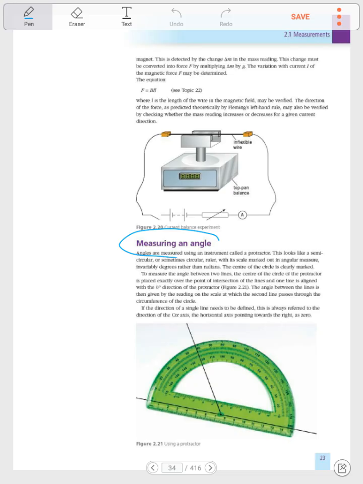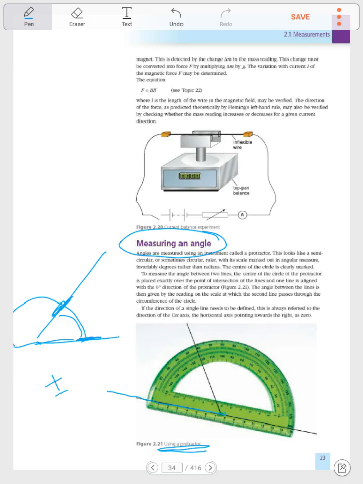Using the protractor to measure angles, you have to start from 0 here and measure the angle. Let's say you have this angle and we want to find the angle here. We put the protractor like this, and take the angle between this point and this point.